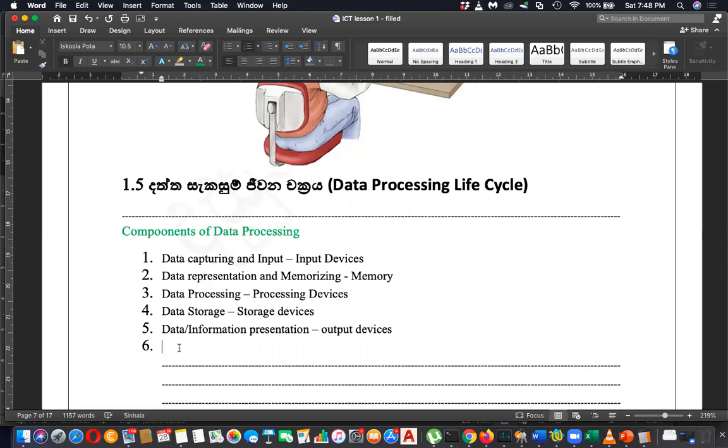Input, process, memorize, store, output. What else is there to do? After input, process, memorize, storage, presentation and output, what do I have to do?